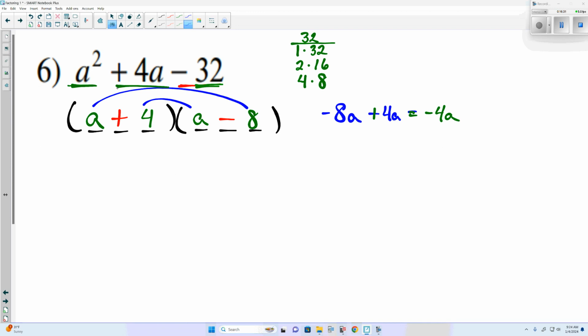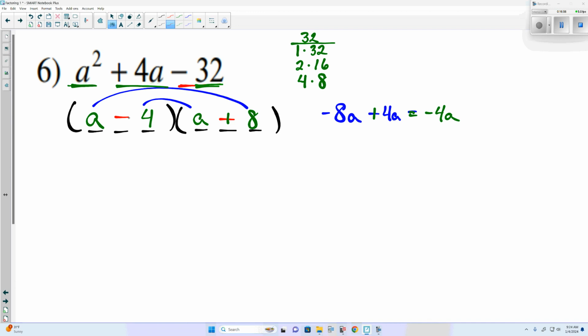Is that the middle term we wanted? No, it's not the exact term we wanted, but it is close. Because instead of it being negative, we need it to be positive. We got the correct number, but wrong sign. And anytime we get that, we just need to change the signs.